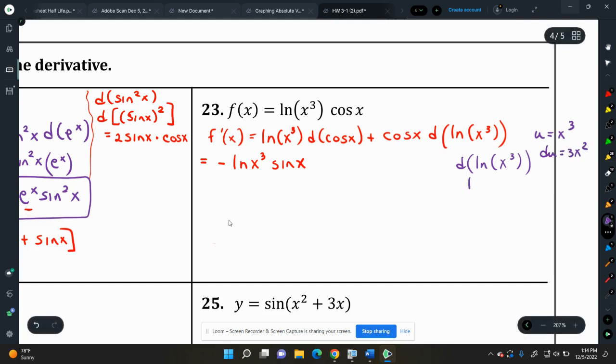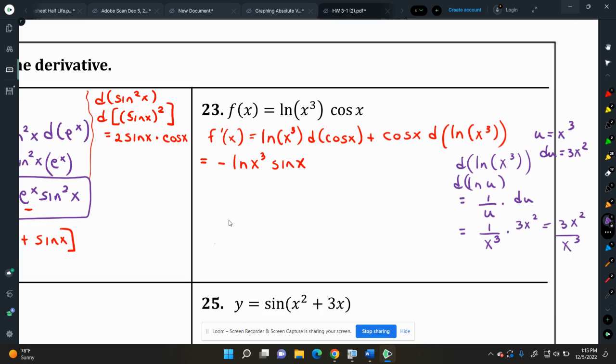So rewriting this, we're going to do the derivative of the natural log of u. What's the derivative of the natural log of u? It's 1 over u du. Okay, so u is x cubed. So this is 1 over x cubed times 3x squared. So we get 3x squared over x cubed.